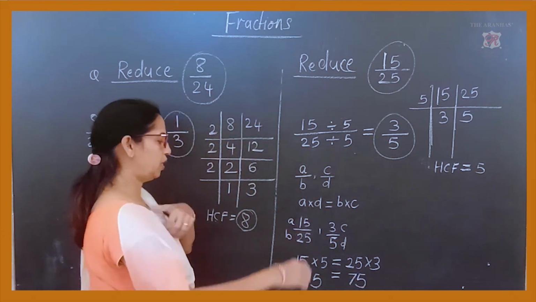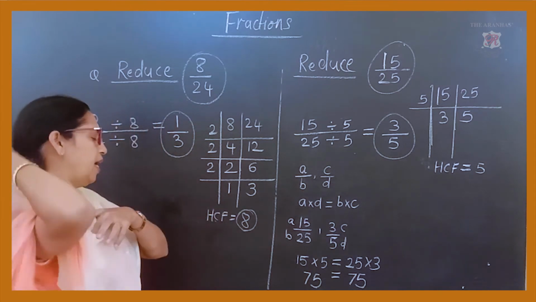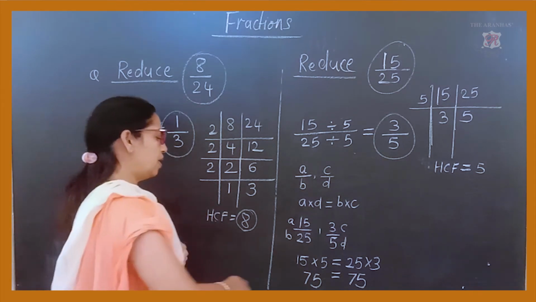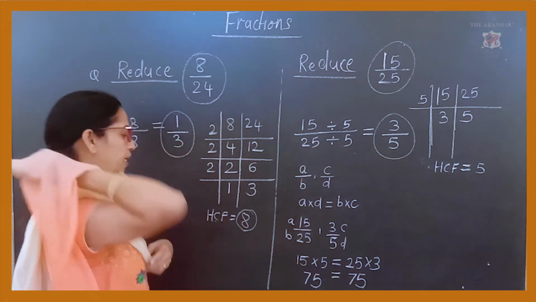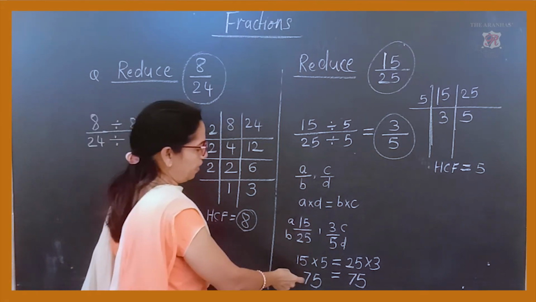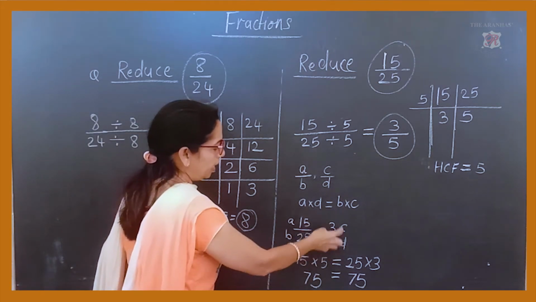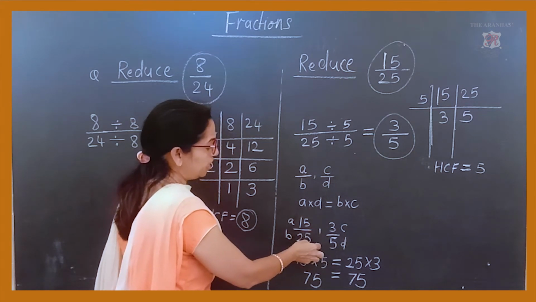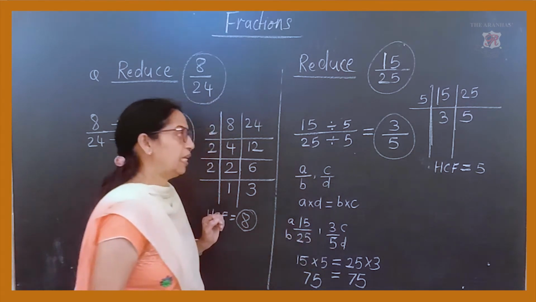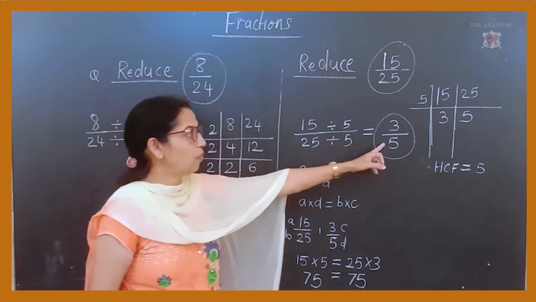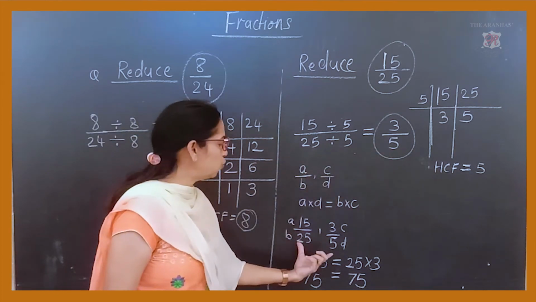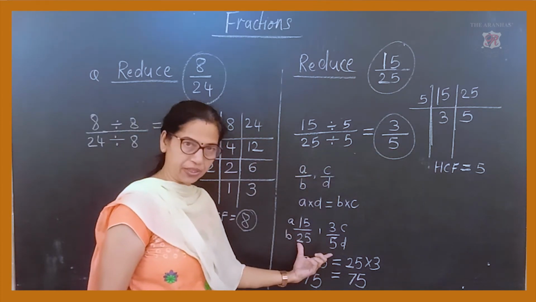It means what? Here right hand side and left hand side both are equal, and you can say these are the equivalent. And here by finding these two we can say the reduced form is correct and these two fractions are equivalent fractions.